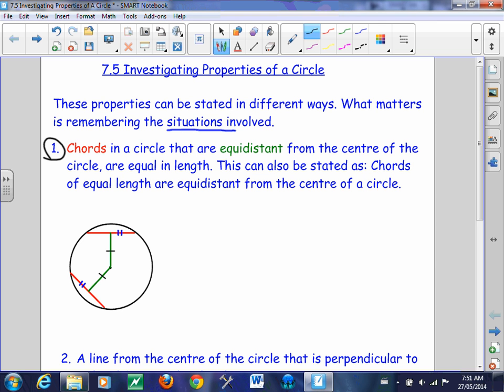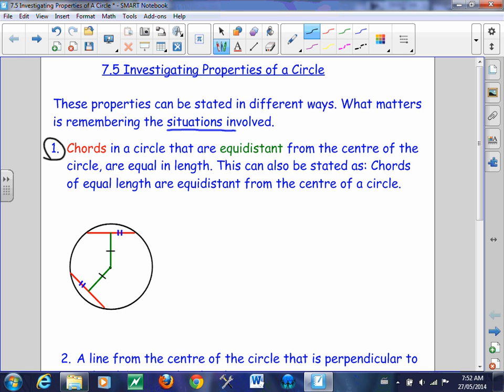Looking at this diagram here, folks, it says chords in a circle that are equidistant from the center of the circle are equal in length. So if you have 2 chords anywhere on that circle that are equal distance from the center of the circle, then those chords are equal in length.